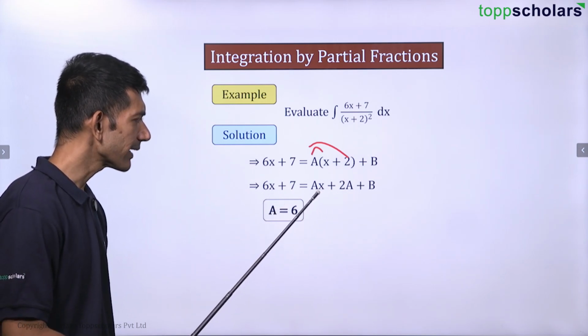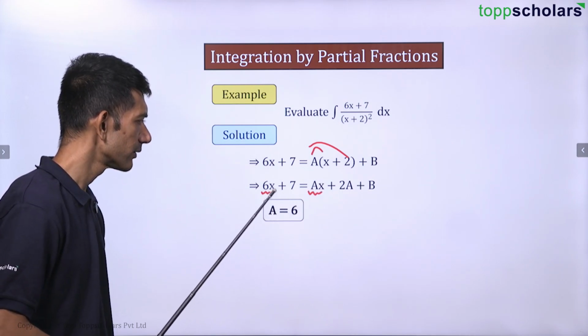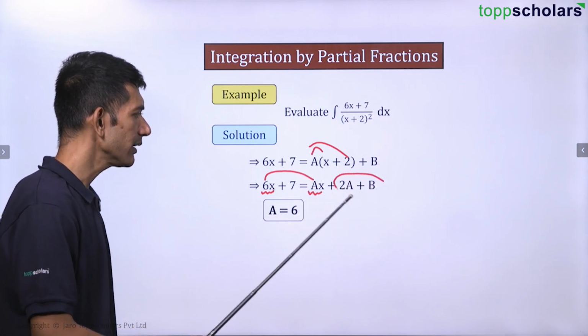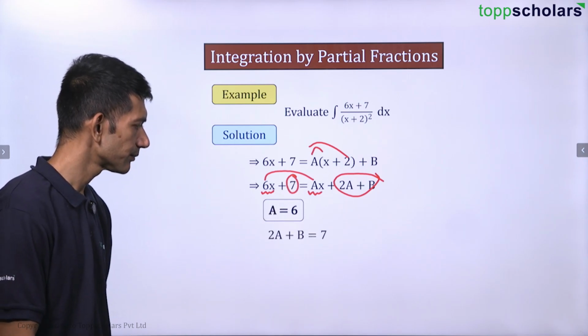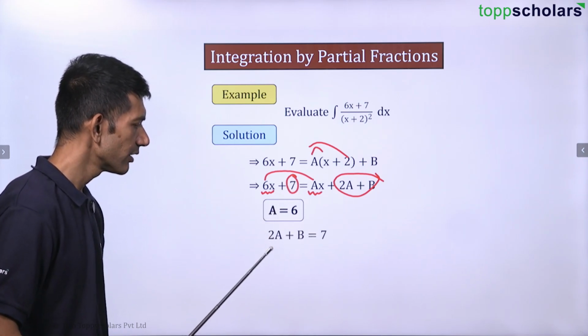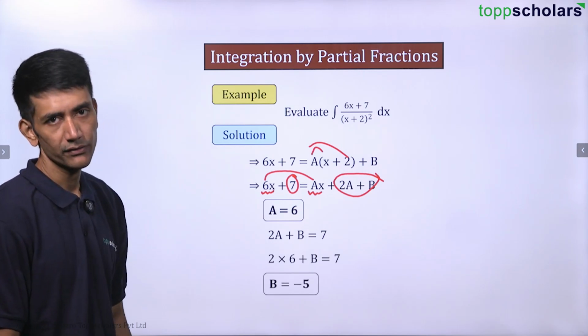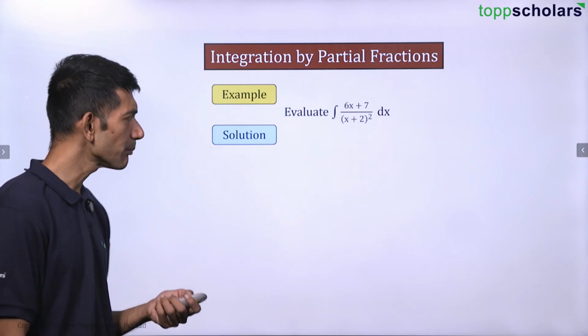Because we are just comparing ax with 6x. So a is 6, and then 2a plus b is 7. Put a as 6 there. So 12 plus b is equal to 7, so b is equal to minus 5. Once you get the values of a and b, now it becomes very simple.